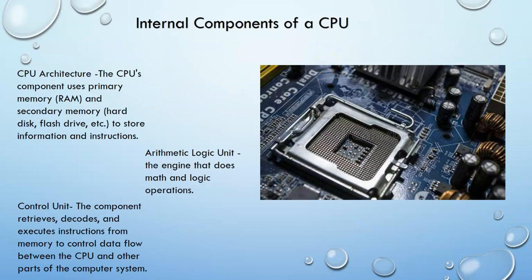Internal components of a CPU. The internal components of a CPU are the CPU architecture, the arithmetic logic unit, and the control unit. In the CPU architecture, the CPU's components use primary memory and secondary memory to store information and instructions. The arithmetic logic unit, or ALU, is the engine that does math and logic operations.